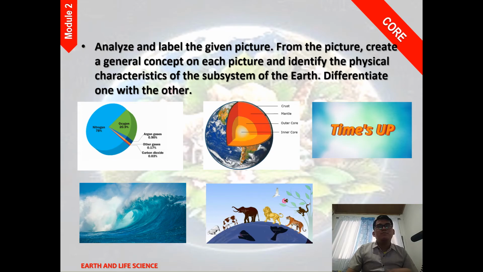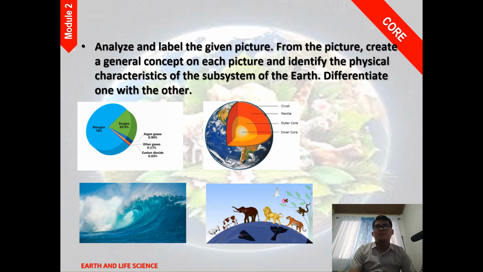Time's up. Let us now see if we also have the same answers. From the first picture, we can see a pie chart with the percentage of the different gases. If your answer is about the atmosphere, then you are correct. It's the gases in the atmosphere.